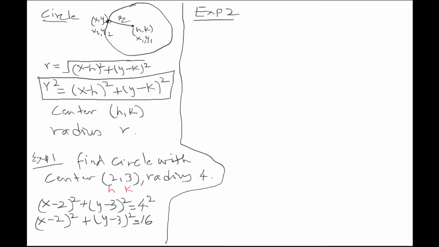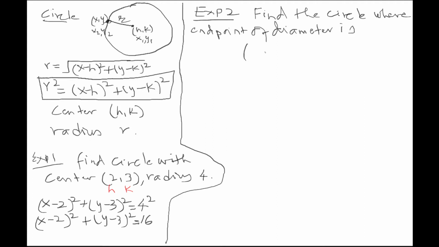To find the equation of a circle, you need two things: the center and the radius. Let me take another example. Find the equation of the circle where the endpoints of a diameter are (1, 5) and (7, 1).